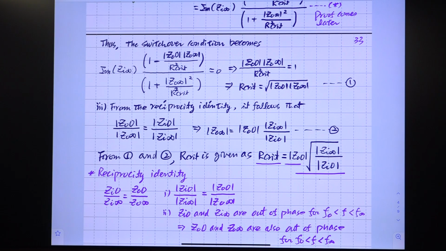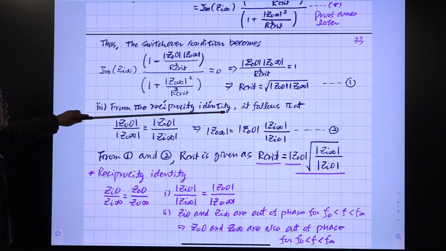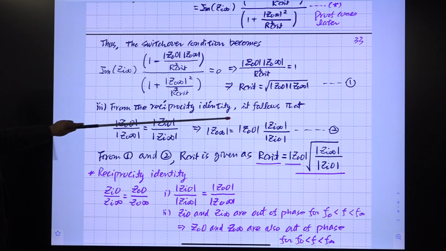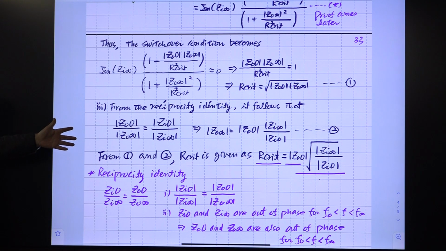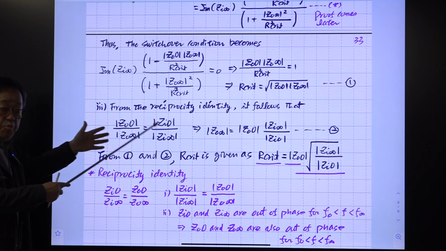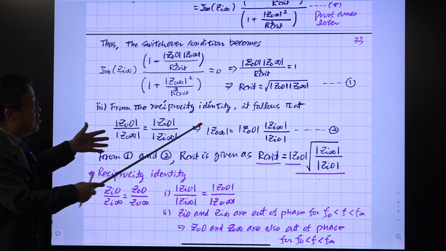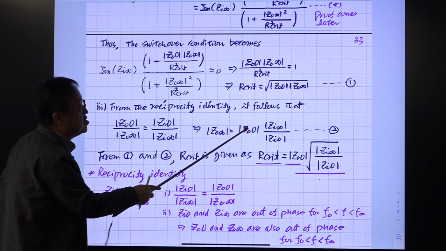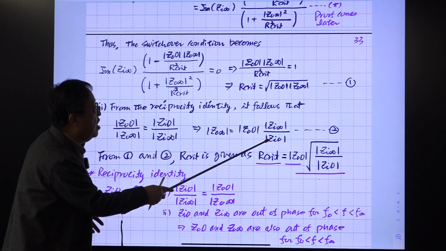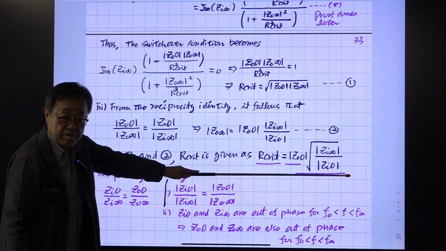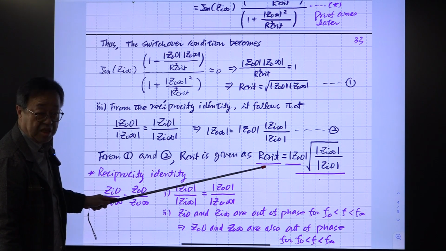It's not easy to pronounce, so stress is here: reciprocity identity. From the reciprocity identity, this absolute value should be the same. Then the GO infinity appearing here is replaced with this, and then it goes into this. This is the final expression for this R critical.